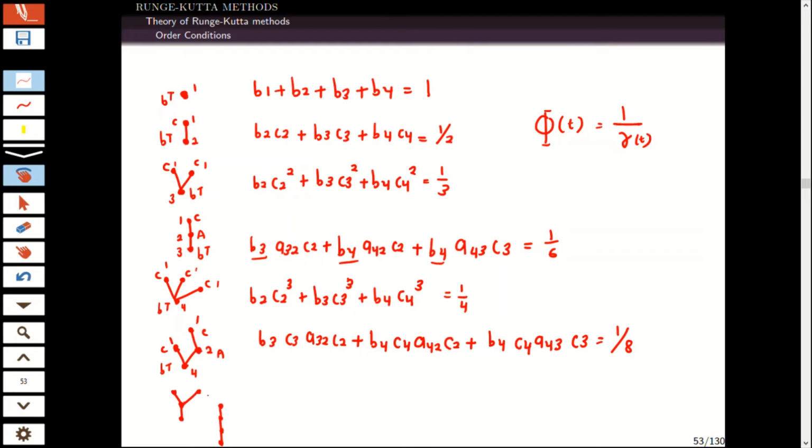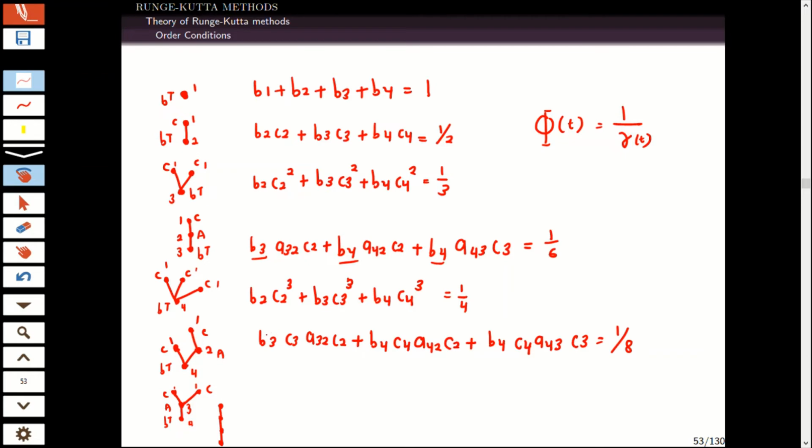Okay, now for this tree here, we have b transpose A c squared. Okay, what's the density? 4 times 1, 2, 3, 4. 4 times 3, 1, 2, 3 times 1, 1. So it's 12, 1 over 12.